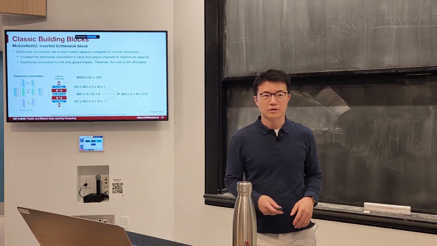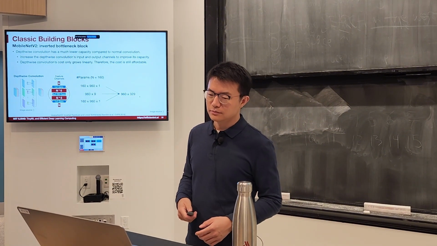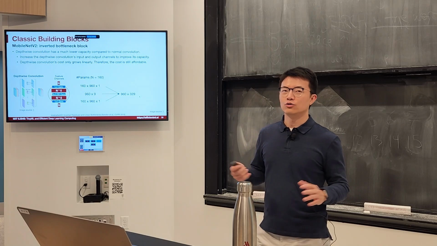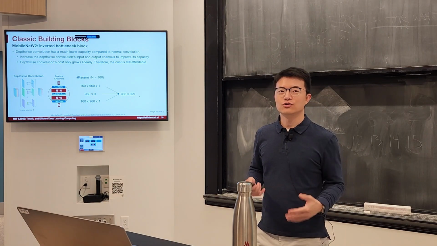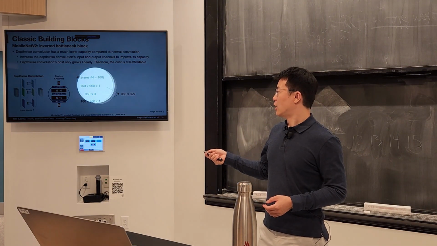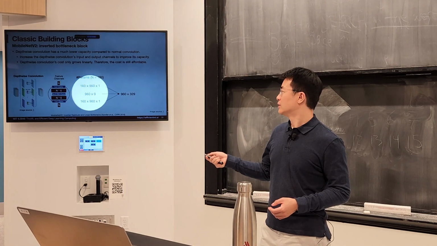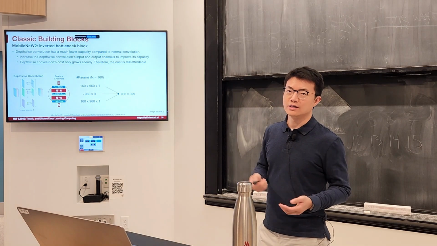What about the total number of parameters? Again, using n equal to 160 as an example, I usually want to use real numbers rather than just the letters so that you can get some intuition. So this is the 1x1 conv, input channel, output channel, 1x1 conv, input channel, output channel. And this is the depth-wise layer, 9 times we have 960 channels.